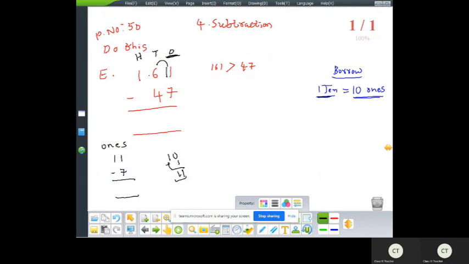From 6, 1 is going as borrow. 6 minus 1 is 5. This is the 5. Now subtraction 11 minus 7.